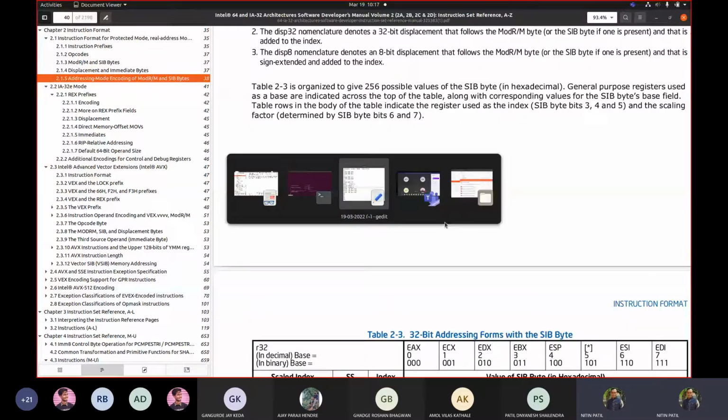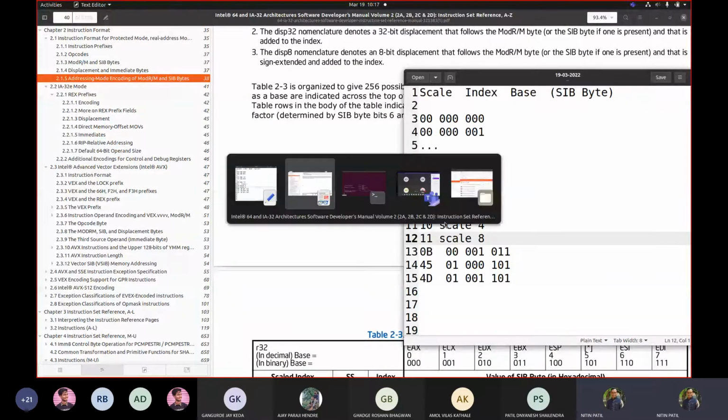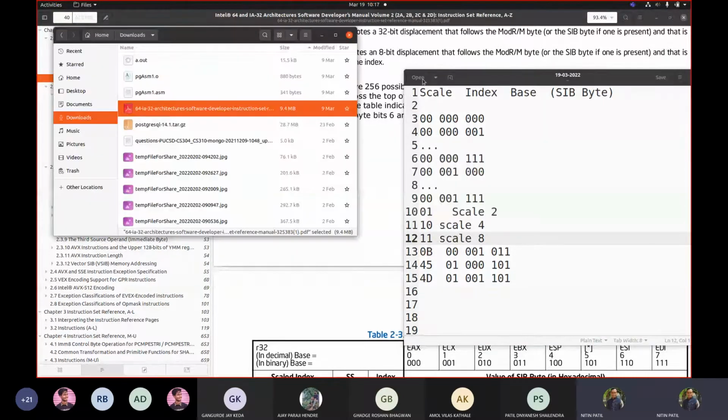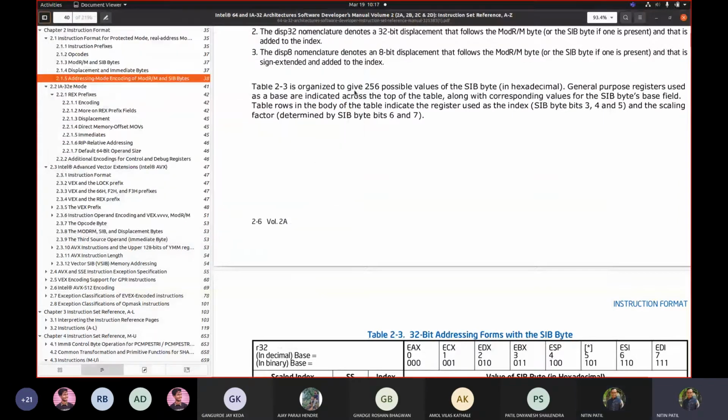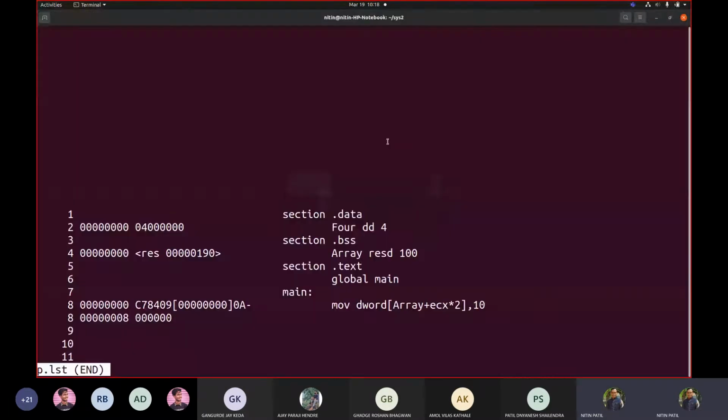Actually, in my code, ECX is not, sorry. Actually, okay, let me close this first. ECX is not involved at all in my instruction. But then still why it must have taken that. So then 09.